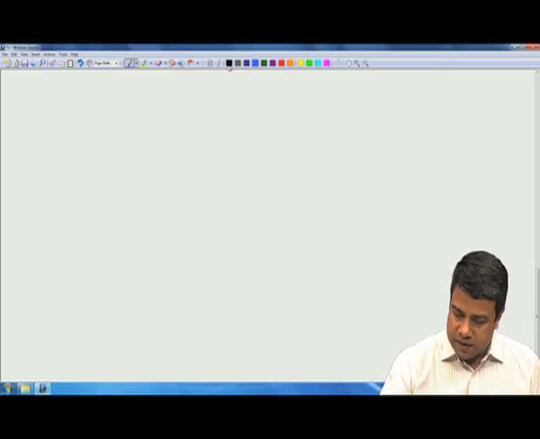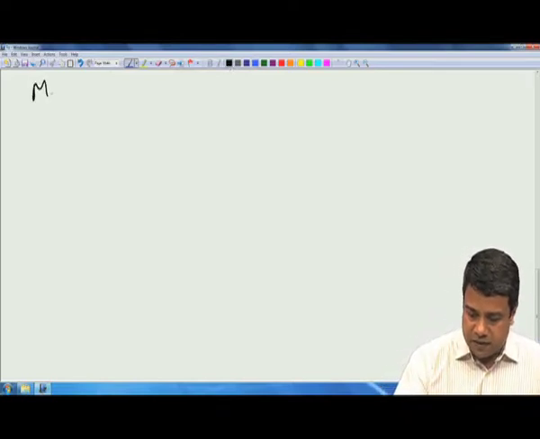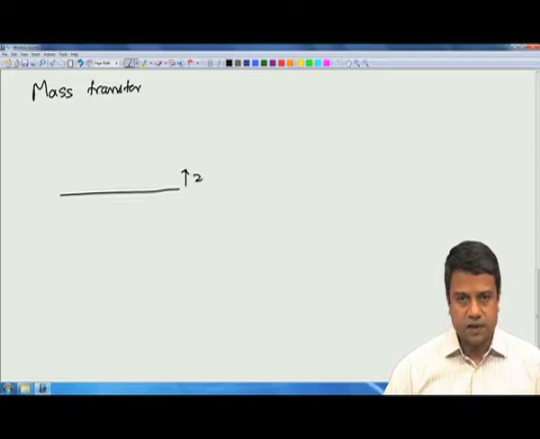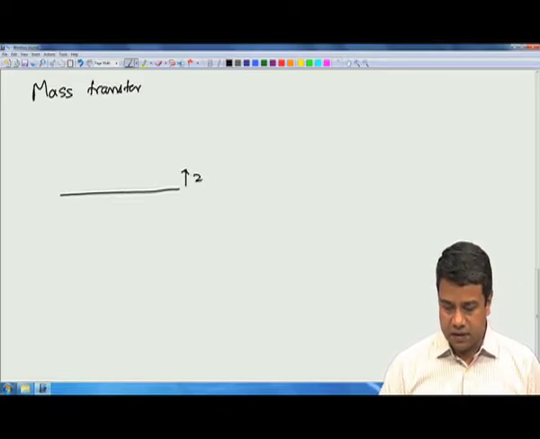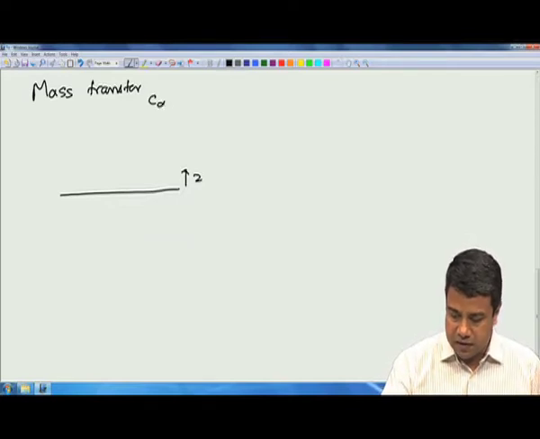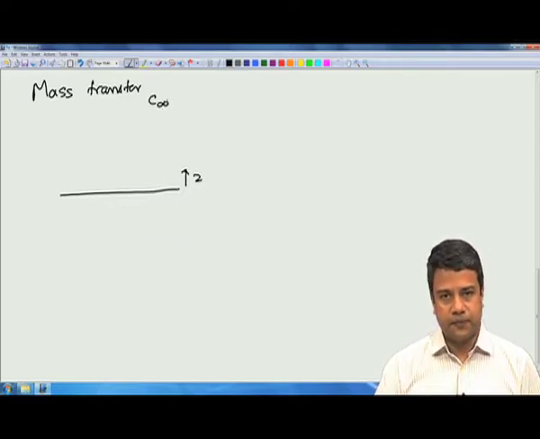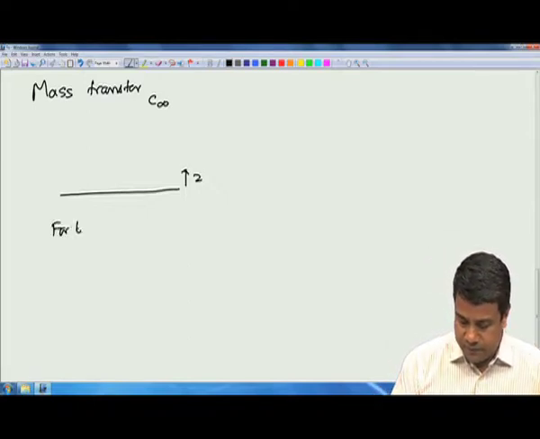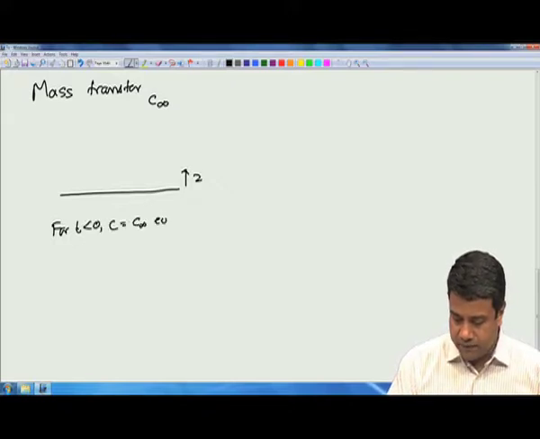Now, this problem has an exact analogy in mass transfer as well. You consider an infinite medium, this z is the direction, and you consider some solute in which initially the concentration is C infinity far away, and for t less than 0, C is equal to C infinity everywhere.